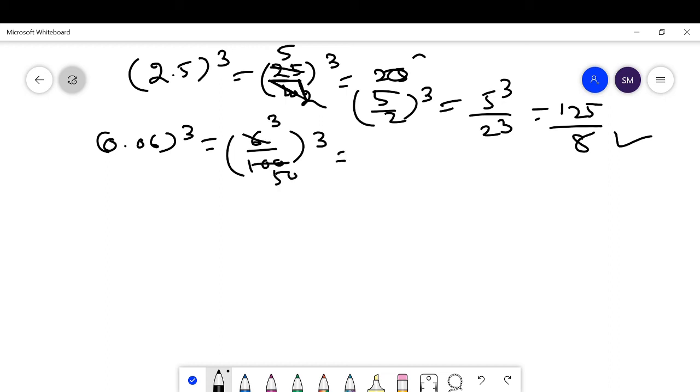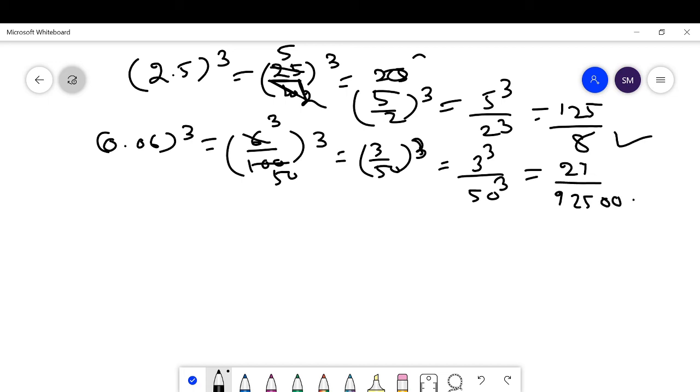This is 3 upon 50 whole cube, which can be written as 3 cube upon 50 cube. 3 cube is 27. 50 cube is 125,000.